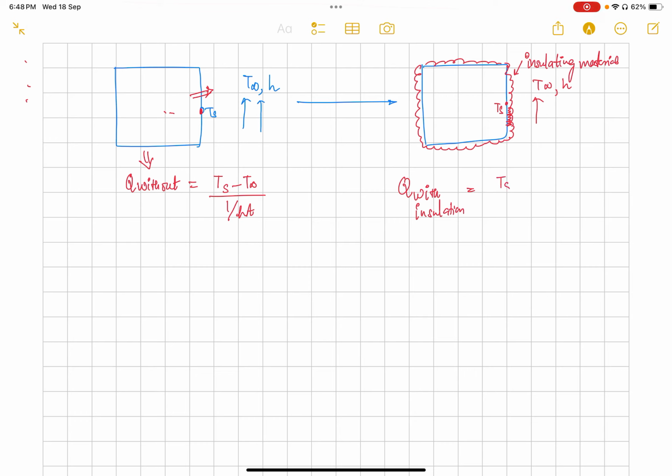So heat will now transfer from Ts to T infinity, same temperature difference, but there will be, let's say, thickness L of this insulation. So L by kA is the conduction resistance, and then heat will transfer by convection to the outside medium, and it will face the convection resistance of 1 by hA, right?